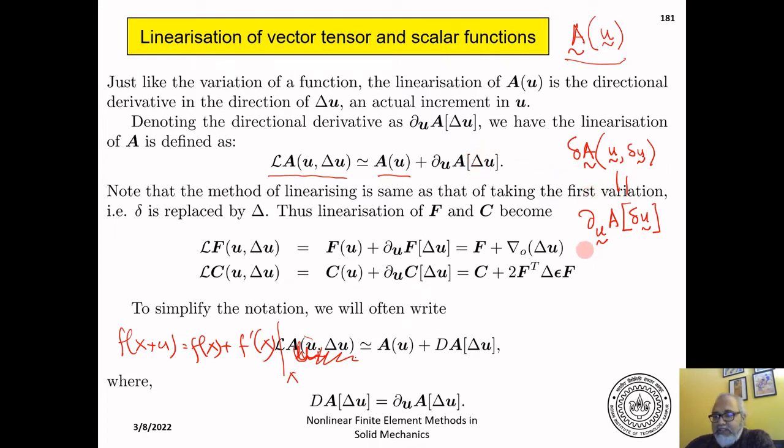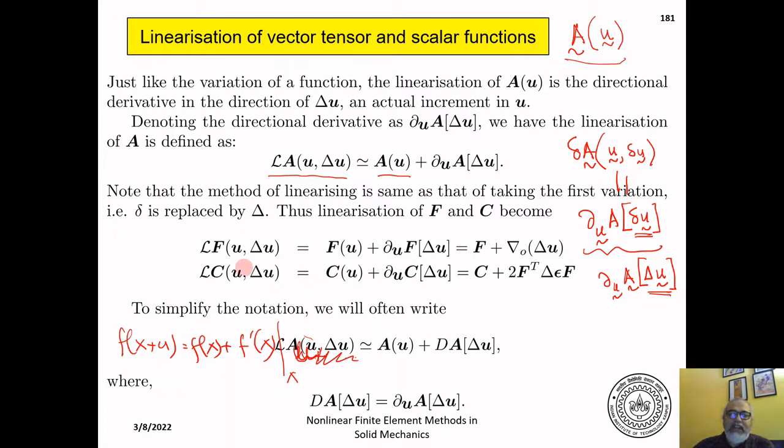So it's the same expression but evaluated in the direction of triangle u rather than in the direction of delta u. We will see the distinction in a little while, but right now just understand that this quantity and this quantity are in spirit different kinds of quantities. But the operation is exactly the same.